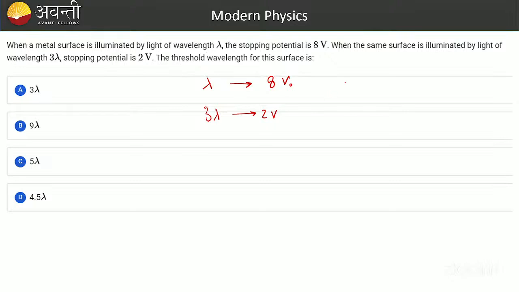Now we know that the equation here is: maximum kinetic energy is nothing but e times V naught, where V naught is the stopping potential.